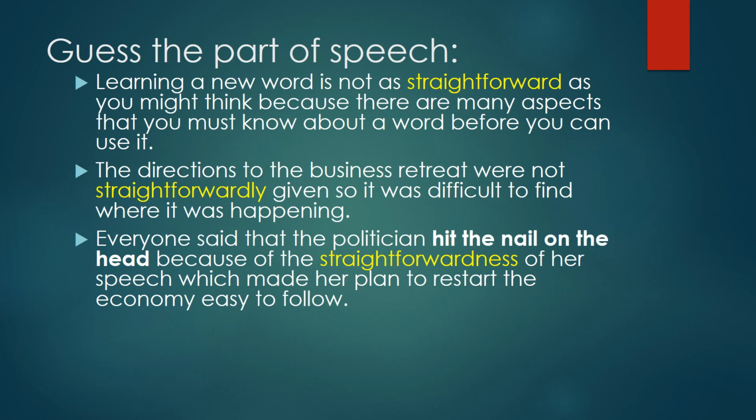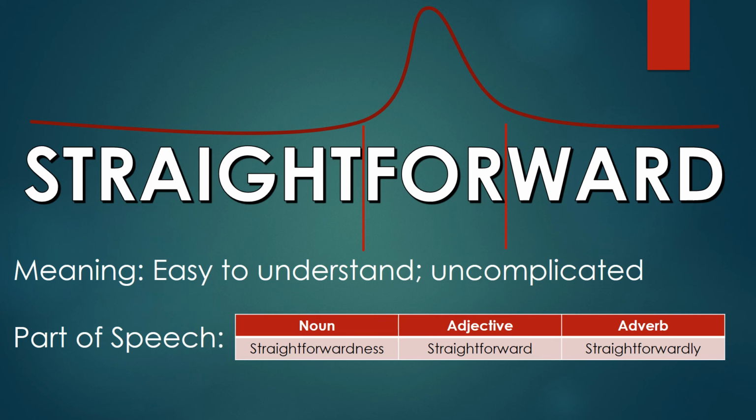Now, let's take a look at the different forms that the word straightforward can take. Read the sentences again and decide if the word is being used as an adjective, an adverb, or a noun. You can pause the video again if you need more time. As you can see from the chart on your screen, the noun form is straightforwardness.